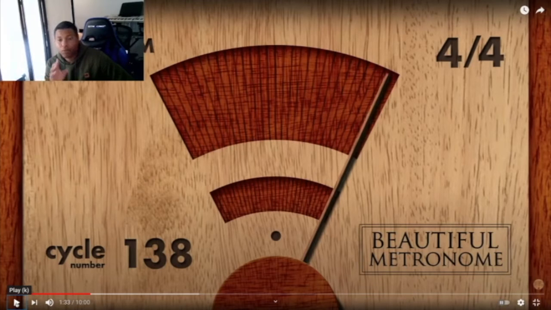Now within that tempo, we have different tempos. This one is at 90 beats per minute. Throughout the lessons, you're going to hear me talk about that. For example, I may say, I want you to be able to play these particular measures at least at 70 beats per minute.